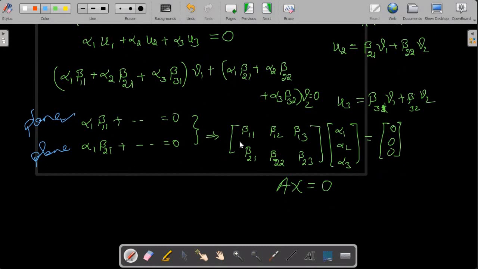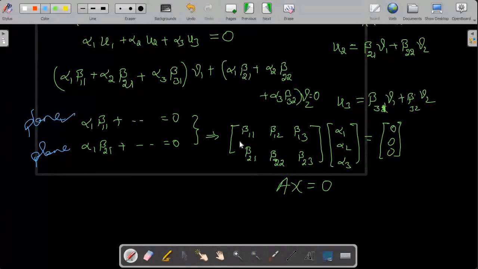Intersect అవుతాయండి బాబా? Two planes passing through origin. Yes. ఇంటర్సెక్షన్ ఏమవుతుంది?